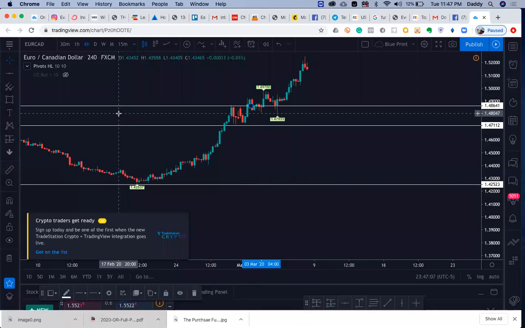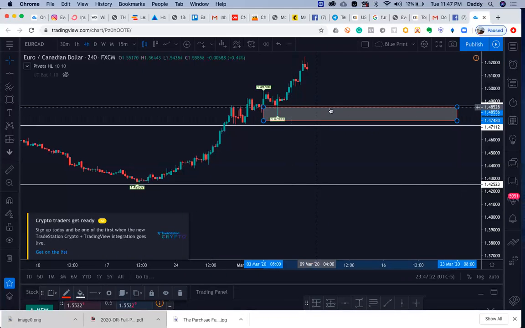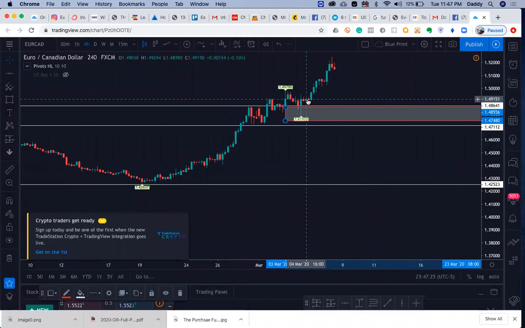That's a support area. That long wick that's out there gets covered like this. Price came to here.